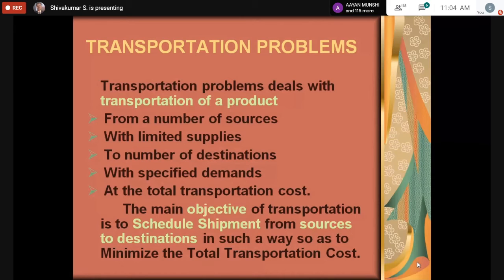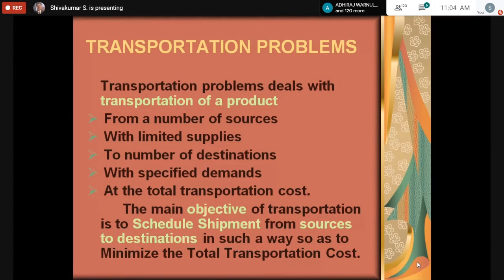So the transportation problem deals with the transportation of a product from a number of sources with limited supplies to a number of destinations with specified demands at the least total transportation cost. We have some demand and some supply, and to match supply and demand we transport goods from source to destination by minimizing the transportation cost.